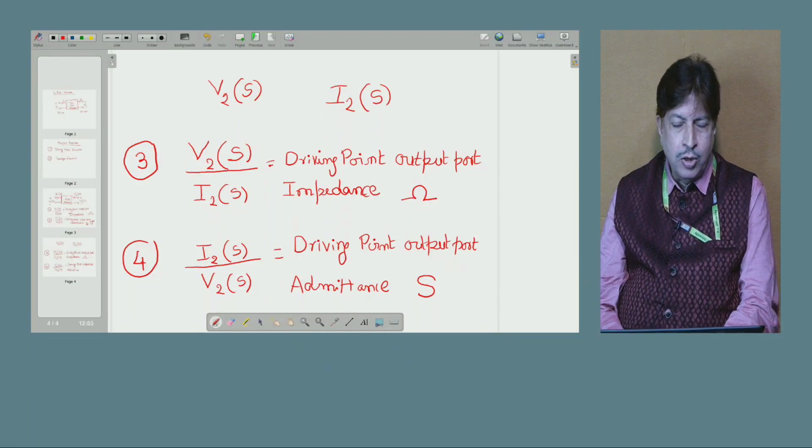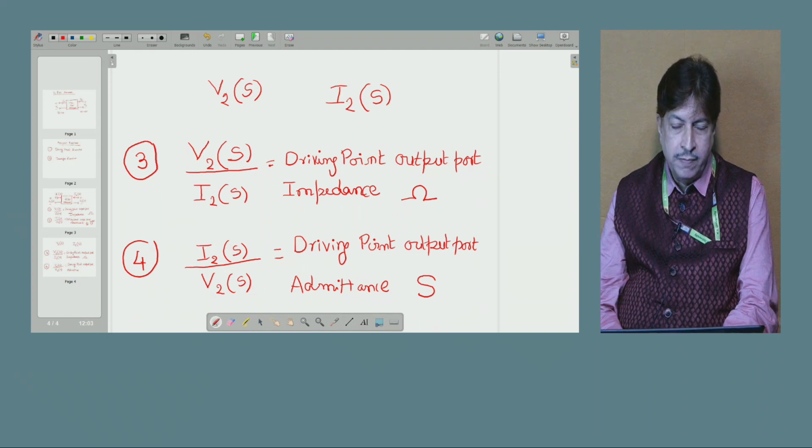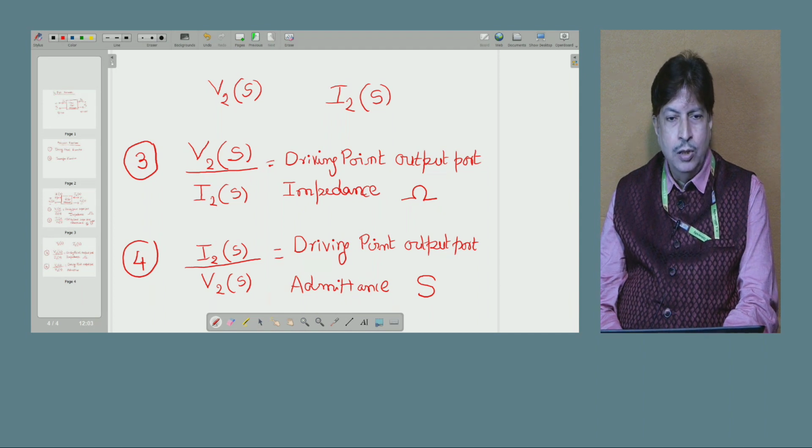There is no possibility of having a fifth driving point function for a two-port network. What is the reason? Driving point always indicates that the numerator variable and denominator variable belong to the same port. Hence, there are always four driving point functions for any given two-port network.